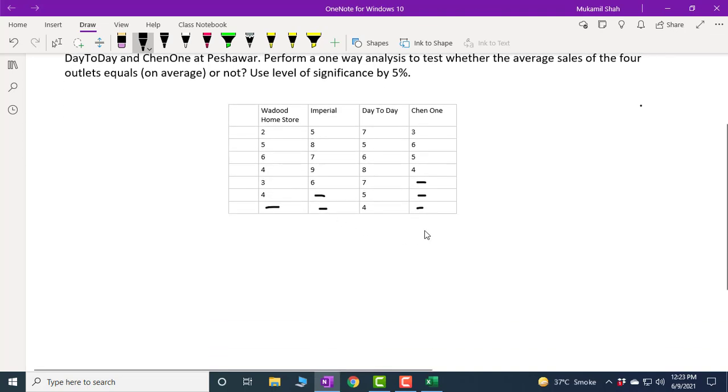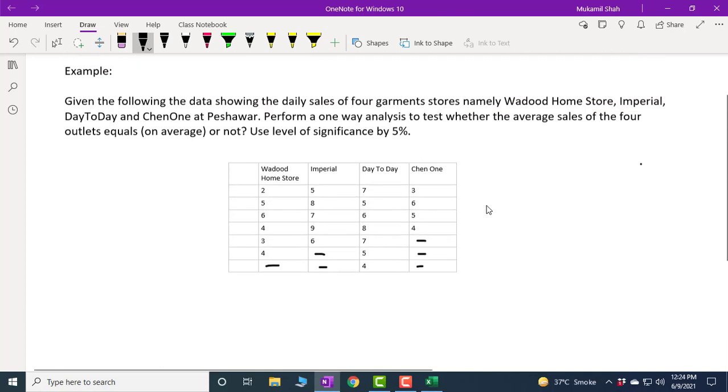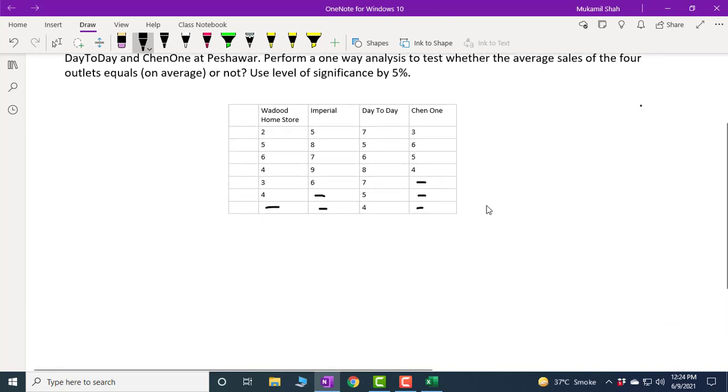The procedure under one-way analysis of variance technique for this type of data is outlined as follows. Since we know that there are 4 populations, Vadut Home Store, Imperial, Day to Day and Chinwan, we extend our analysis to the equality of 4 population means.